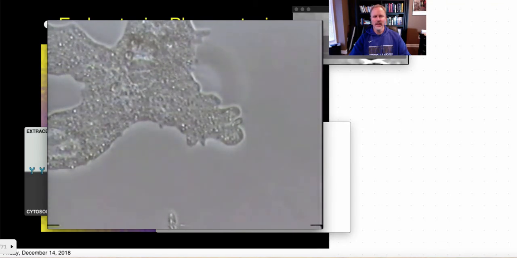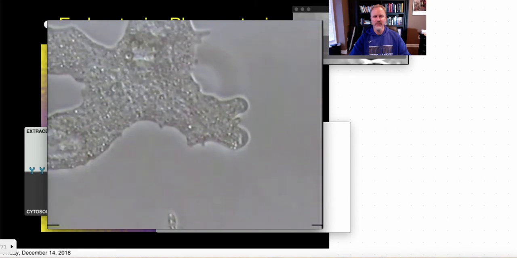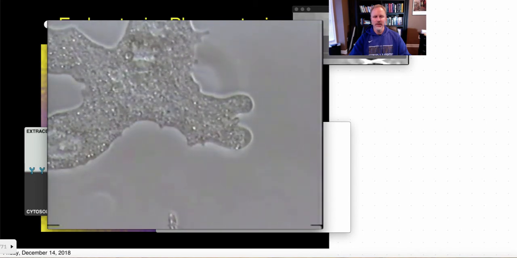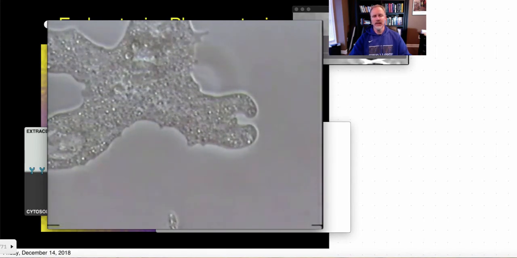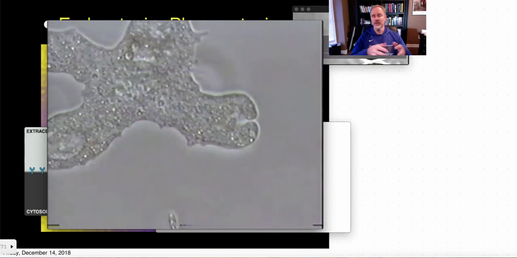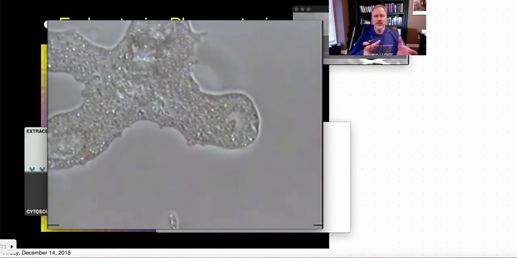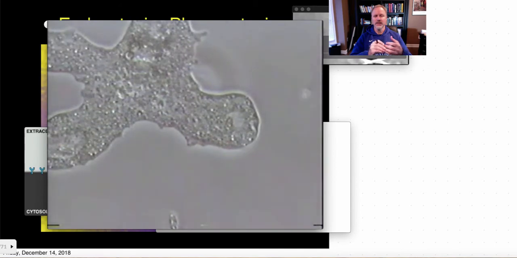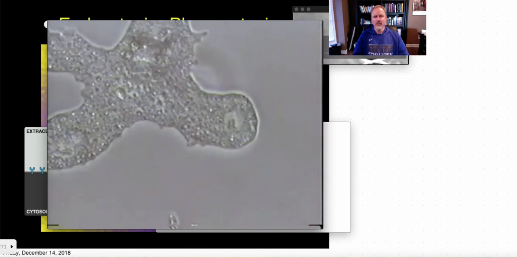We can see the pseudopods wrapping around this object that's been trapped, and it's going to form a vesicle, and then the vesicle is going to fuse with the lysosome. The lysosome is going to dump some hydrolytic enzymes into this new vesicle that's formed, and it's going to break down the object that's in there.